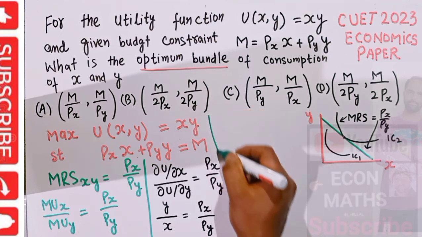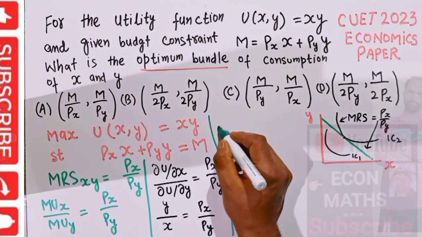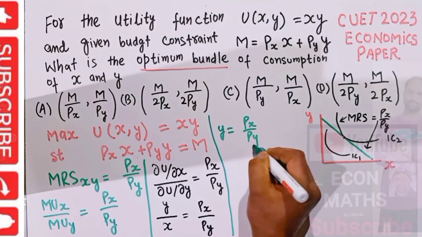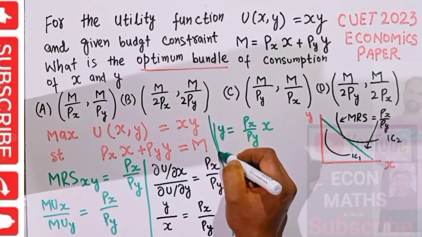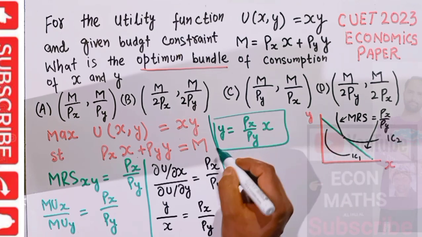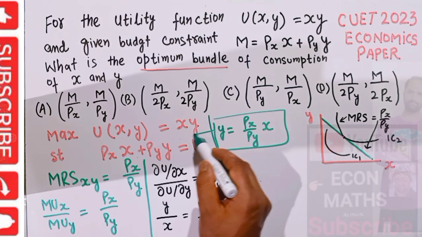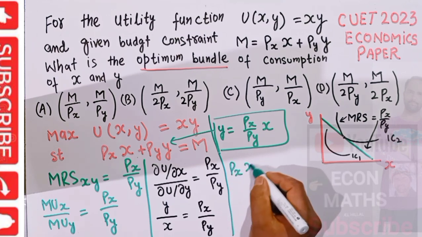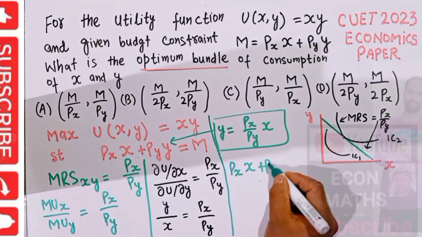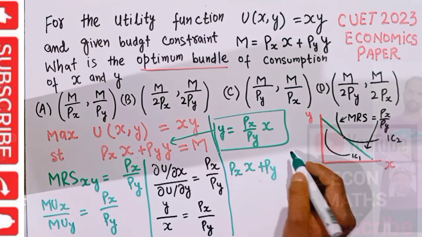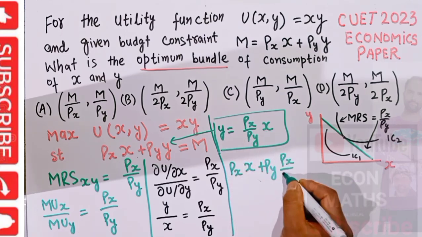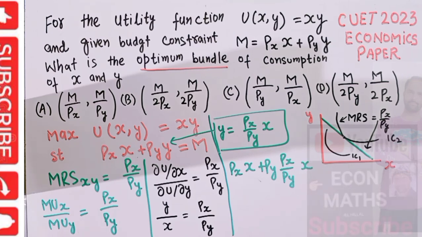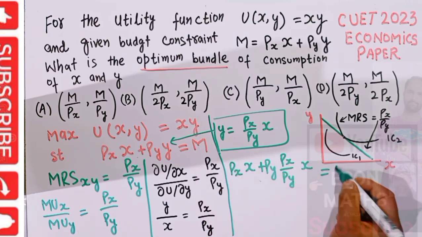Having said that, let us solve this for y. So we have y is equal to price of x upon price of y times x. Let us substitute this into the budget constraint. So here we put the value of y. We get price of x times x plus price of y times the value of y, which is price of x upon price of y times x, should be equal to m.